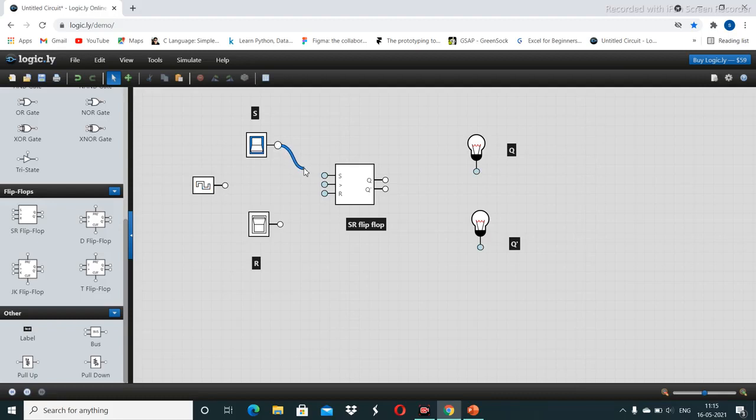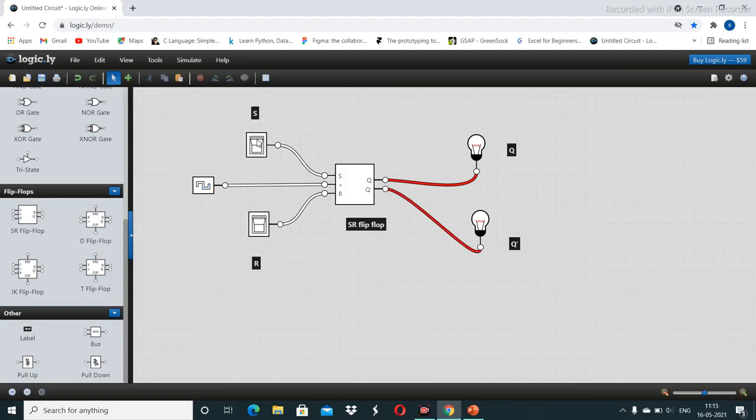The first switch is connected with the first input of the SR flip-flop here, and R is connected with this R, and the clock pulse is directly connected with this SR flip-flop. Now Q and Q dash are directly connected to the respective output terminals.